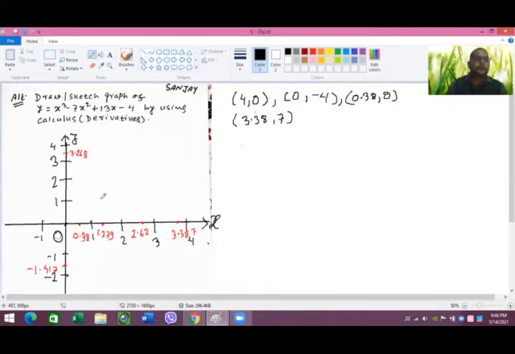And in order to find this maximum and minimum point on this curve, first of all, we gathered all the points that we used while sketching the graph of this same polynomial, and then the extra work that we'll do is that we'll find the maximum and minimum value of this function by using derivatives.